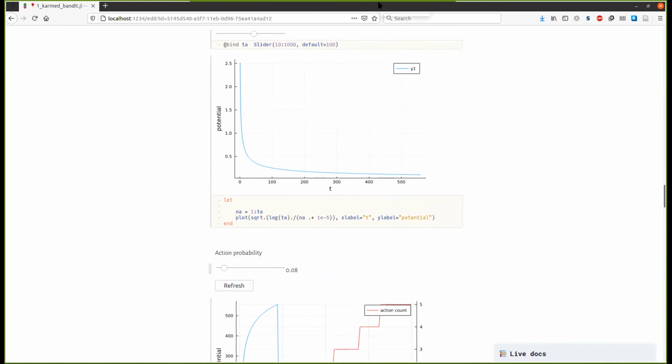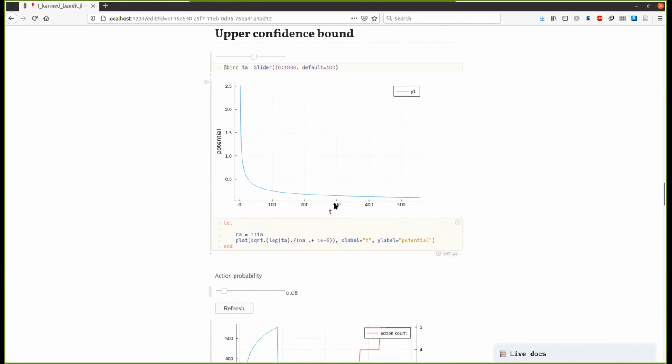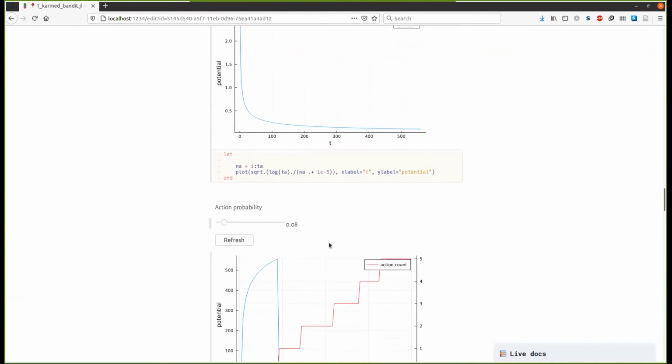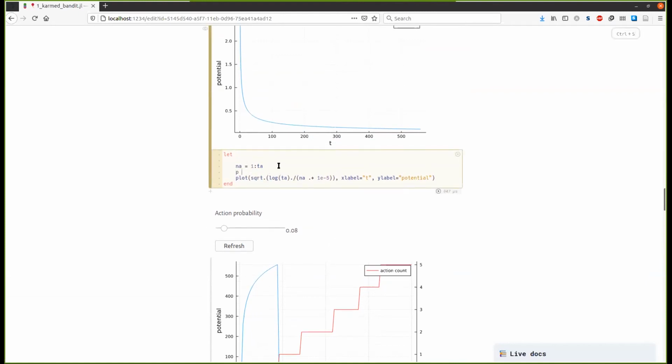So the log of t divided by NA is increasing, because NA is the number of times you've taken the action. Any action that's not selected increases. The right-hand term is the uncertainty term.